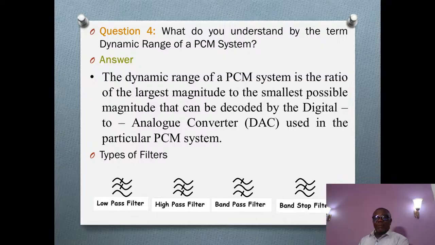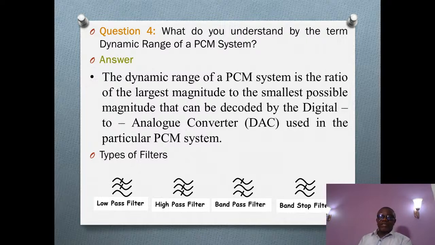Now, it is important for us to mention something here because we've been hearing of filters. Sometimes we talk about low-pass filters, high-pass filters, band-pass filters, band-stop filters.